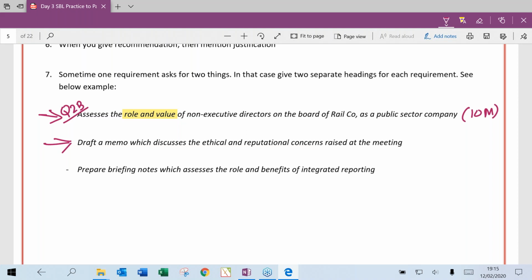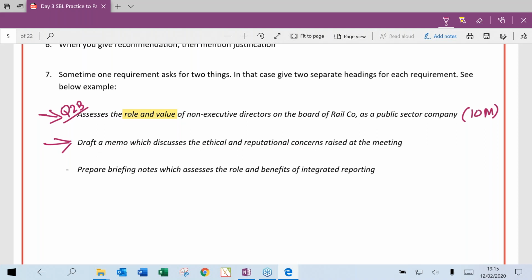Godfrey is asking, what do you mean by recommendation and justification? It simply means that whatever you are recommending, supposing there are two options, option A and option B, and you analyze both the options and you are now recommending option A. So if you say that, in my view, option A is more appropriate, then you also have to write a few lines explaining why you think option A is more appropriate.